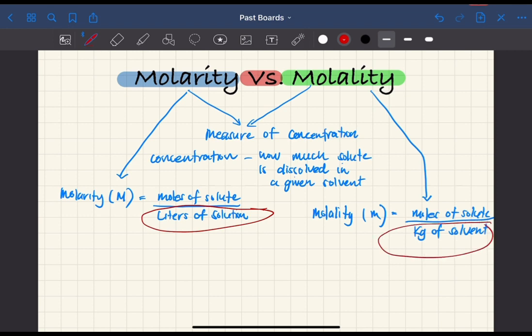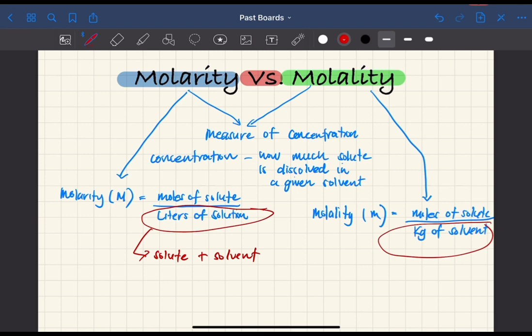So liters of solution implies volume, and when you say solution, it is solute plus solvent.